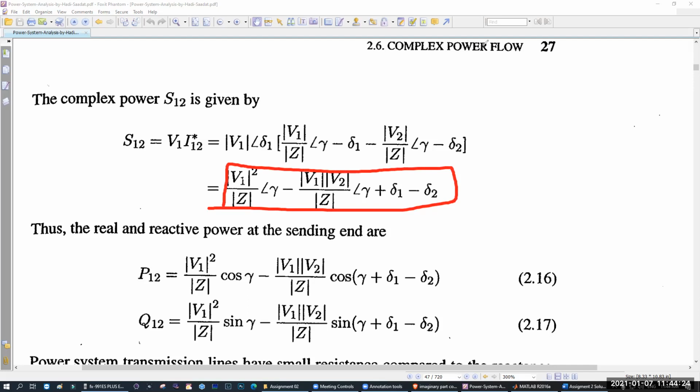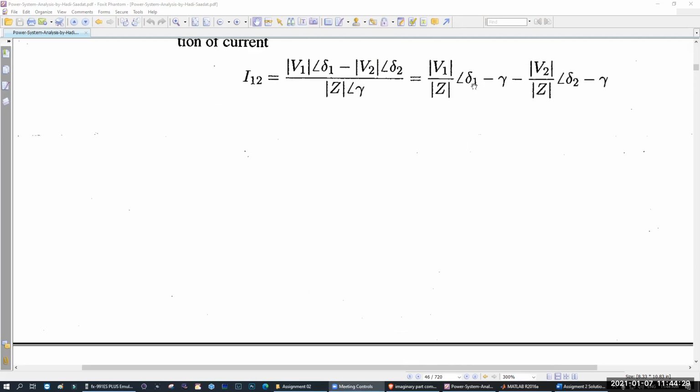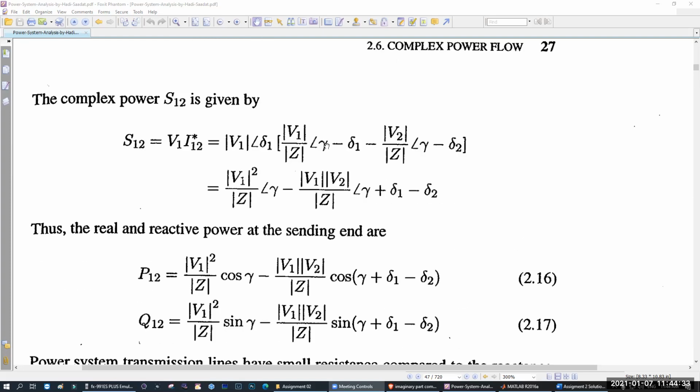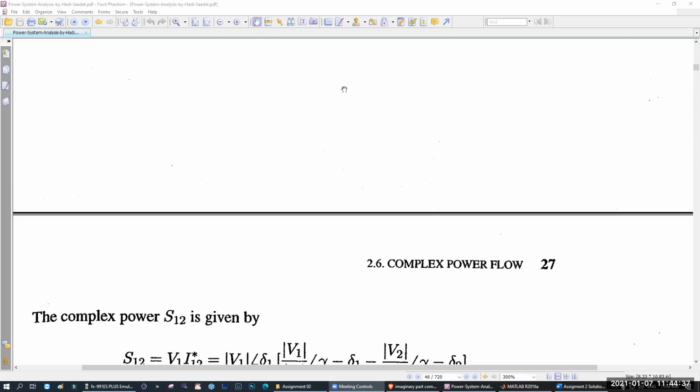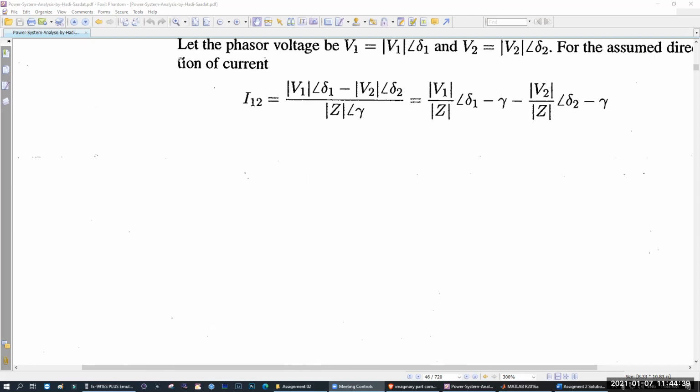The only thing you may not understand is why delta 1 and delta 2 with minus gamma become gamma minus delta 1 and gamma minus delta 2. Because this is the conjugate. If you take a conjugate, you can do it in two ways: either you change the main sign, or you change all the angles. You can do it both ways.